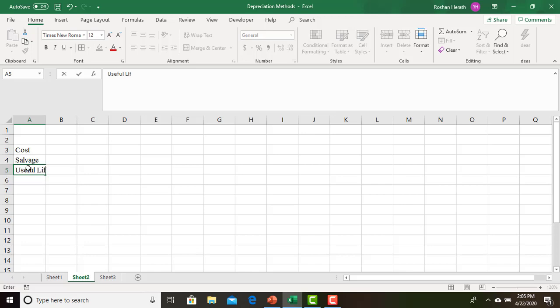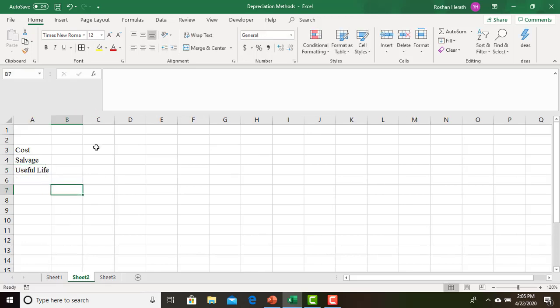Those pieces of information are similar to the previous one. So we may enter the cost of 100,000, salvage value of 10,000, and useful life of 10 years.